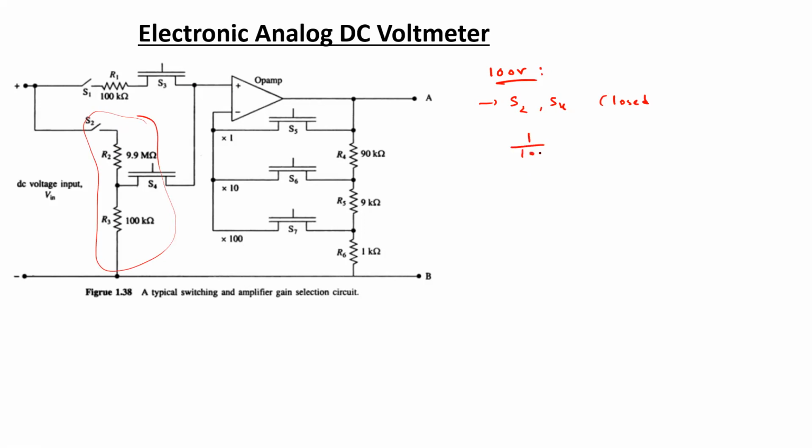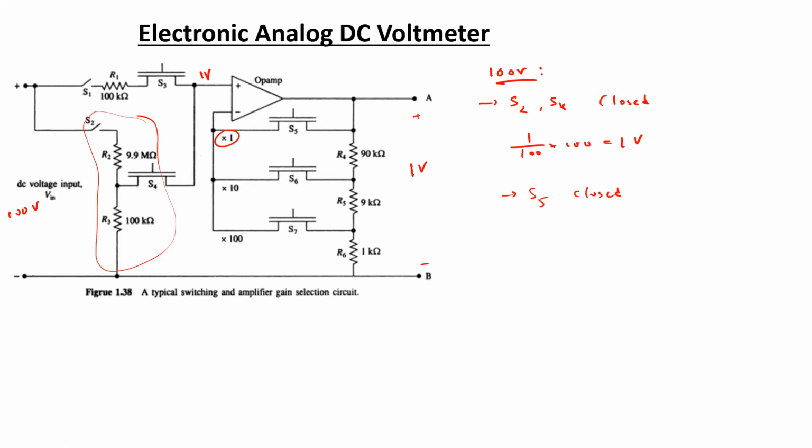So 1 by 100 times 100 volts will scale down the input voltage to 1 volts at the input of the op amp. So if a gain of 1 is selected in this case, so if S5 is closed, that would be sufficient to provide an output voltage of 1 volts across the basic multiplier resistor and the PMMC combination of the DC voltmeter.